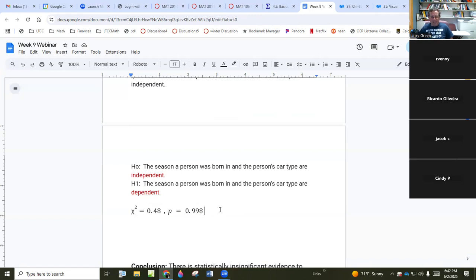Okay, so as you're used to, once you have this, then we have to write our conclusion. If you have a p-value of 0.998, what does that tell you?